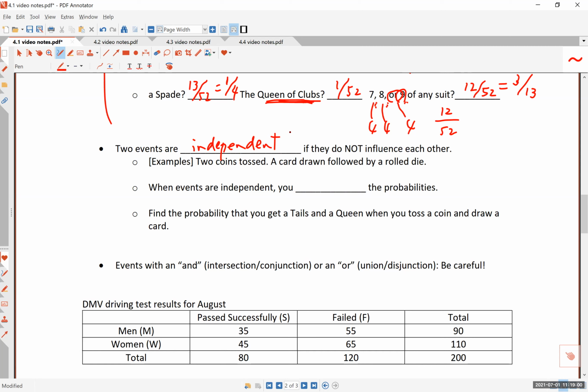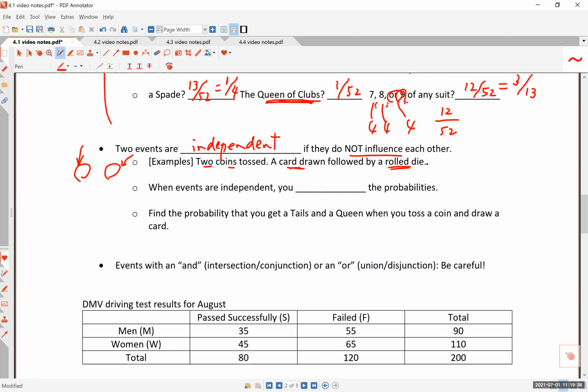All right, so here's an example. If you flip 2 coins, okay, the outcome of coin 1 is not going to influence the outcome of coin 2 or vice versa in any way, right? If you draw a card and then roll a die, okay, do they influence each other? And the answer is no. So these are independent events.